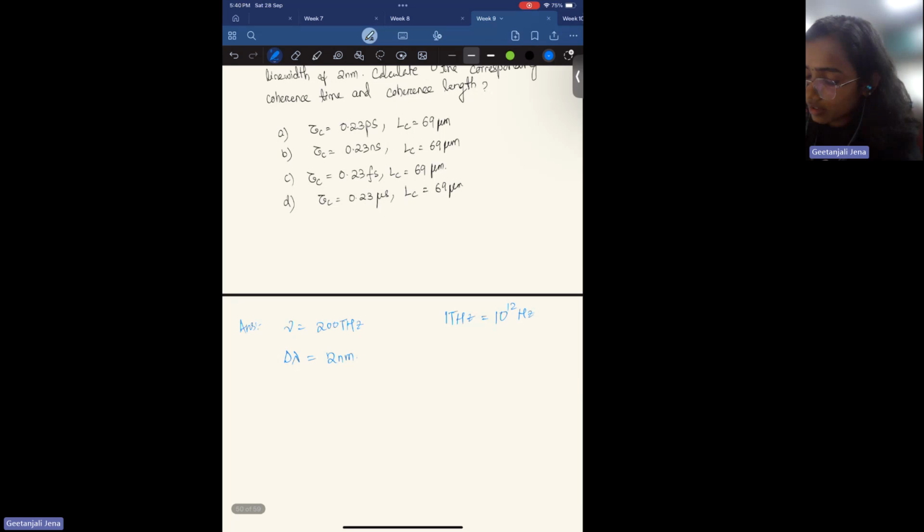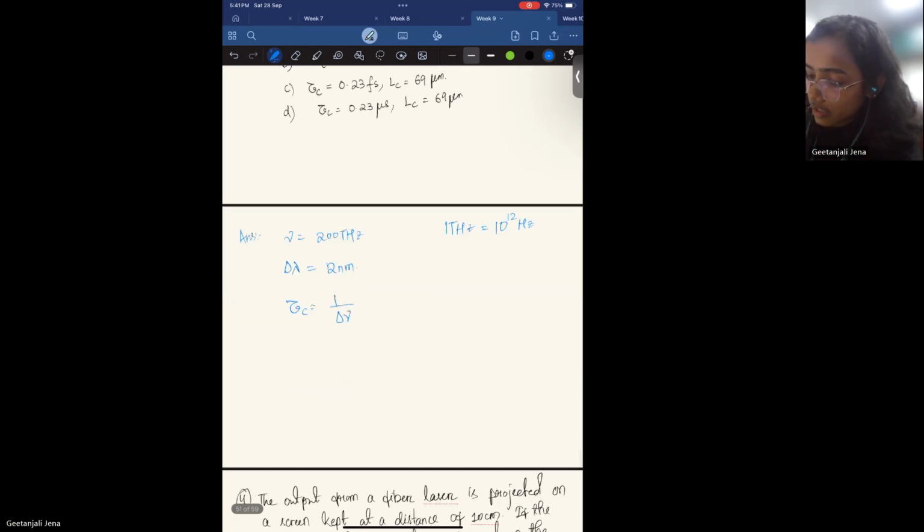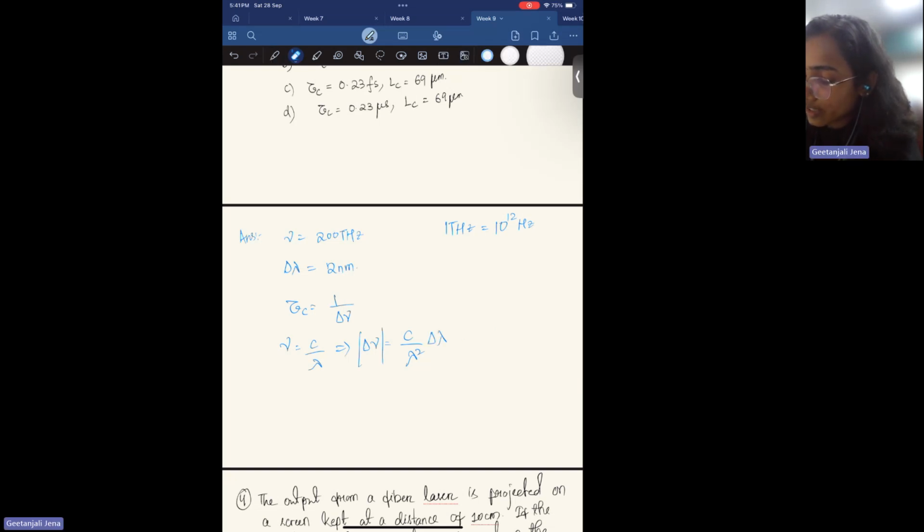So coherence time first. Coherence time is nothing but 1 by delta nu. And delta nu you can calculate from the relation nu equal to c by lambda. If you take the differential, the magnitude of delta nu is c by lambda square into delta lambda. But you are not given lambda, so lambda you would have to calculate from nu.